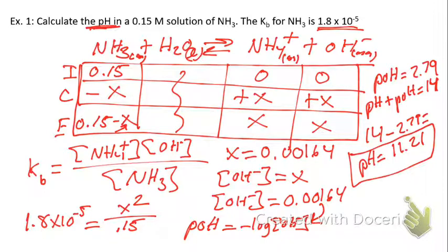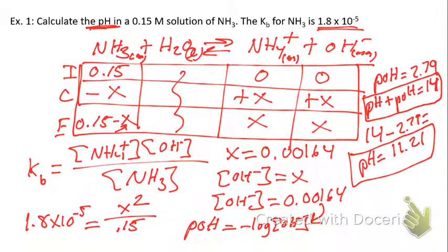It's very much like solving problems of weak acids, but if we want the pH, we need to use the relationship that pH plus pOH equals 14.